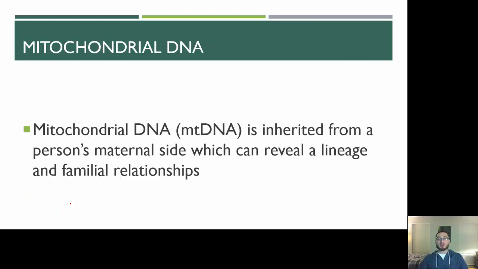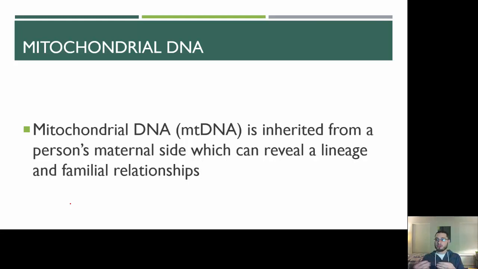Mitochondrial DNA, you hear about mitochondrial DNA when they talk about familial relationships, because mitochondrial DNA always stays the same as it moves through a population. It's always the same as your mother. So everyone inherits the same mitochondrial DNA from their mother. So if you're male or female, you're going to have the same mitochondrial DNA as your mother.